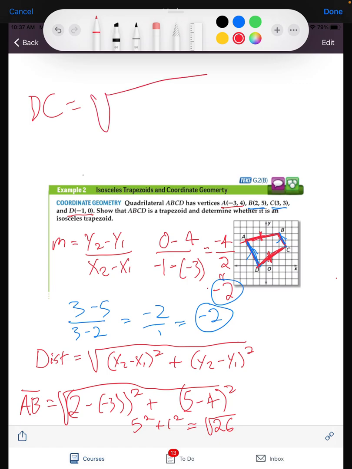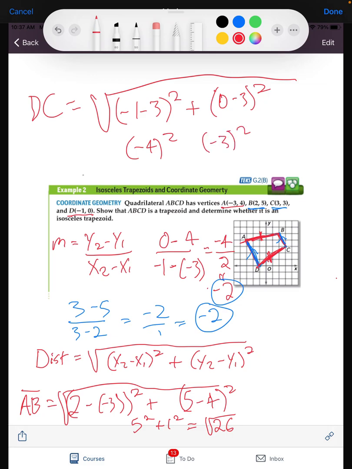equals the square root. So DC, our x2 minus x1 is negative 1 minus 3 squared, and then we have plus y2 minus y1, 0 minus 3 squared. So negative 1 minus 3 is negative 4 squared. 0 minus 3 is negative 3 squared.